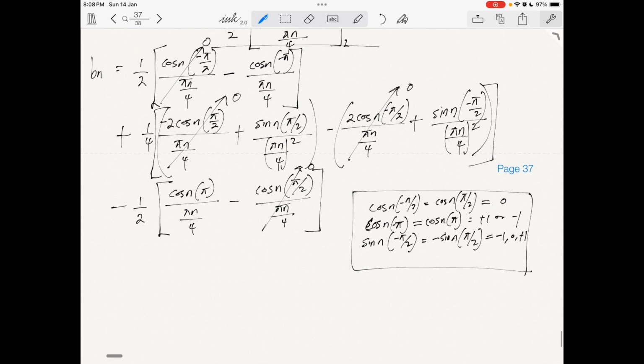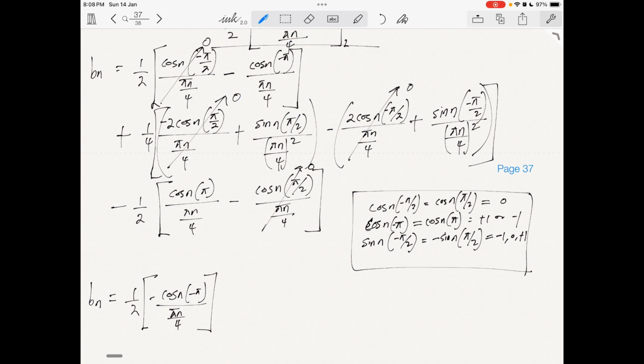So Bn is equal to 1 over 2 multiplied by minus cos n minus pi divided by pi n over 4.